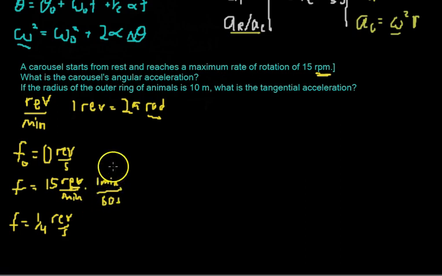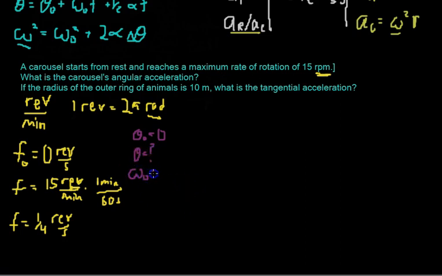Now, how do we convert this once again into radians per second? Pretty easy. I'm going to list out my known variables here. Theta initial is 0. They don't tell me that, but I just make that up. I don't know what the final angular position is.